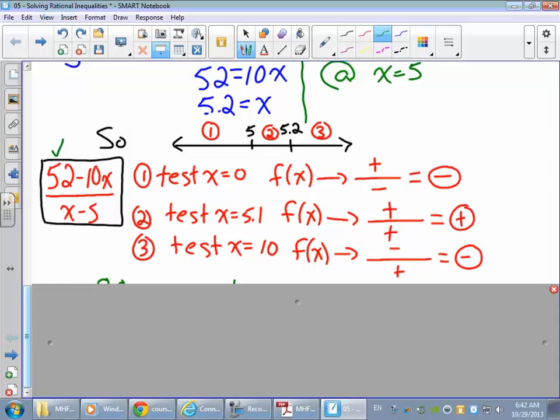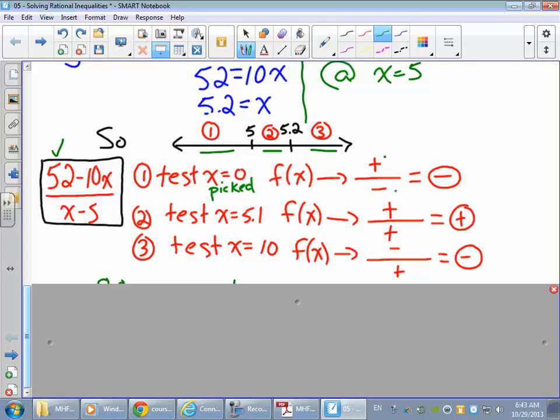I need to test a value in each of these areas. In area 1, I picked the 0, just because it was a nice number to work with. When I plug the 0 in, I get 52 minus 0 on top, 0 minus negative 5 on the bottom. All that really matters is, do I have positives or negatives?